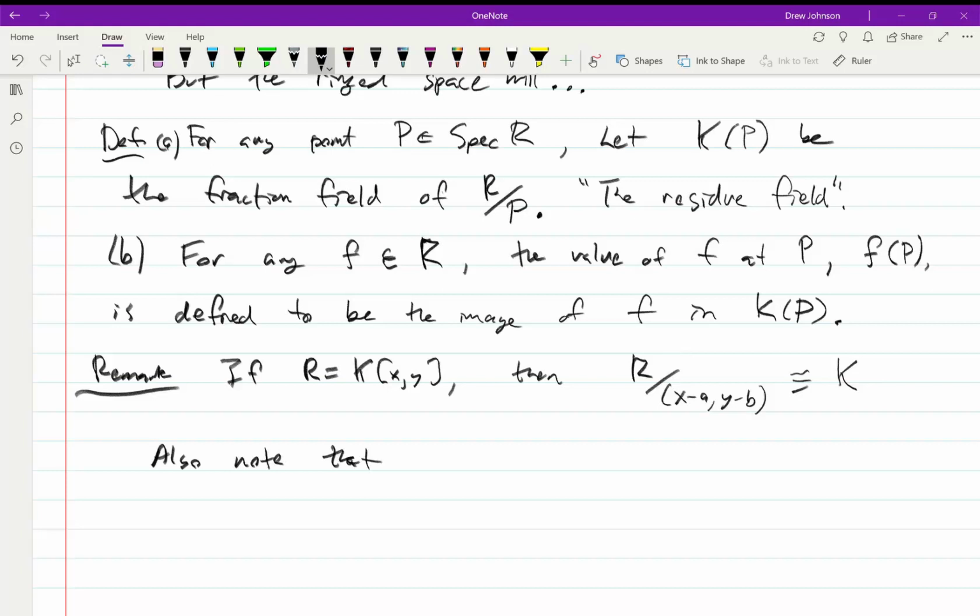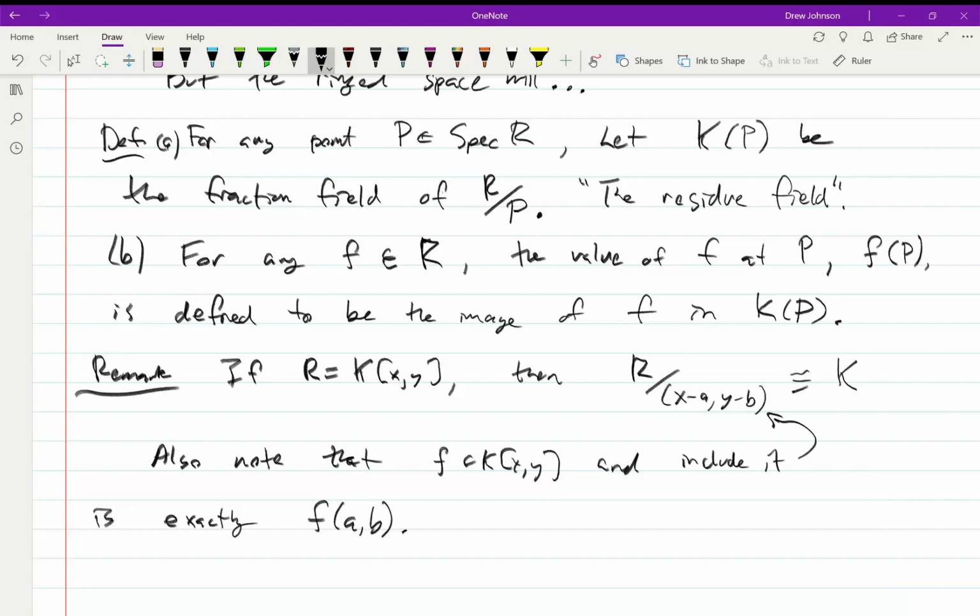In this case you don't even need to take the fraction field, it's already a field. We should also note that if you take an f in the polynomial ring and put it into the quotient ring, what you get is exactly just evaluating the polynomial in the usual way. You should maybe think about why that is the case.